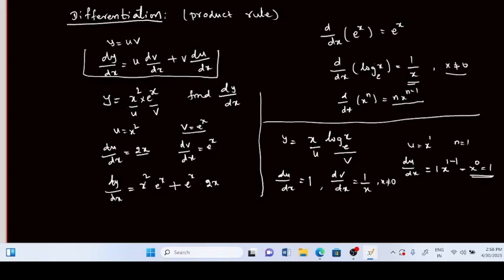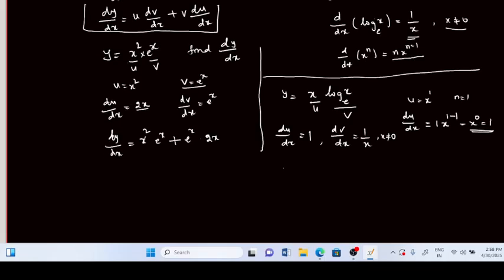So we apply the product rule. dy by dx is u. What is u? u is x. Differentiation of the second function is 1 by x, plus we write the second function log x, differentiation of the first function is 1.